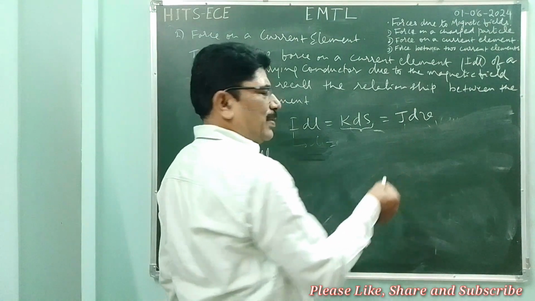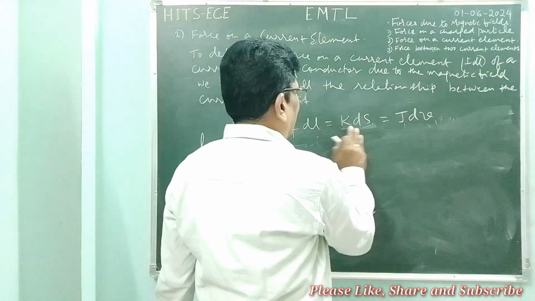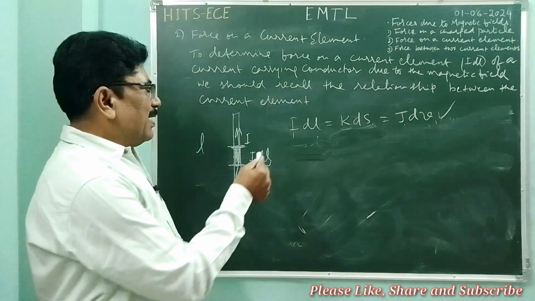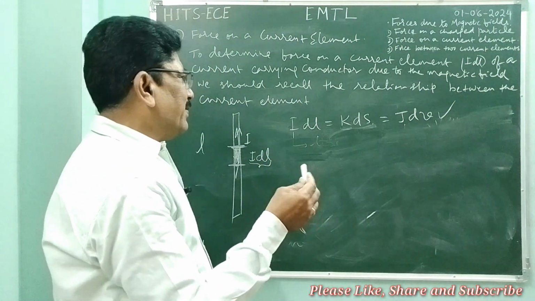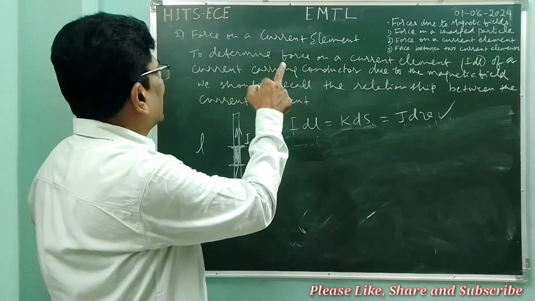Here, J dv is ampere per meter square into meter cube, ampere meter. You should recollect this equation, I dL is equal to K dS is equal to J dv. What we are going to find is the force on a current element.